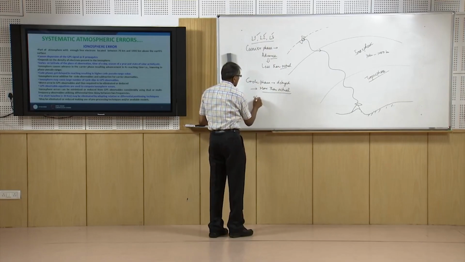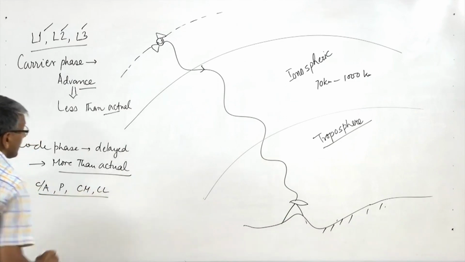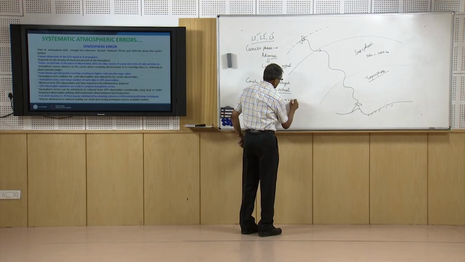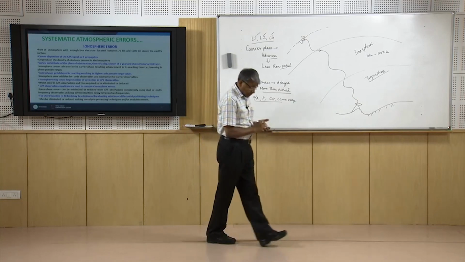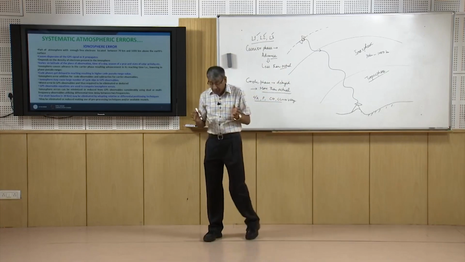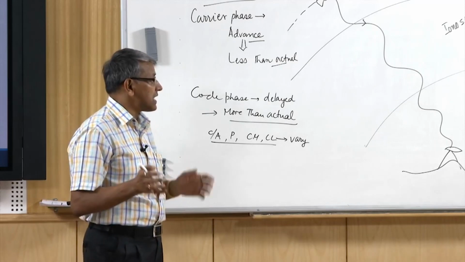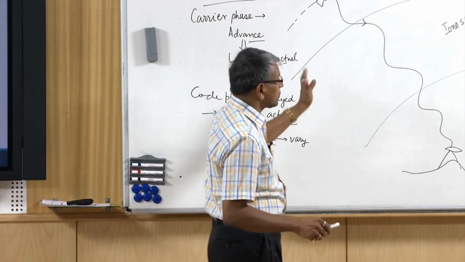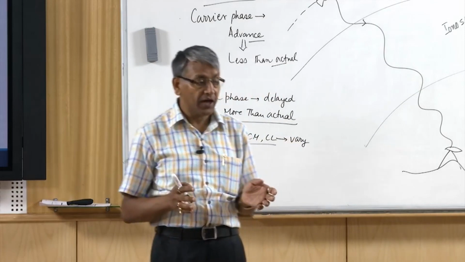Similarly, for the C/A code, P code, CM code or CL code, this effect will vary. The effect of the ionosphere on the GPS signal is the worst kind of error in the GPS observable, so it is very important to know the amount of error due to the ionosphere.